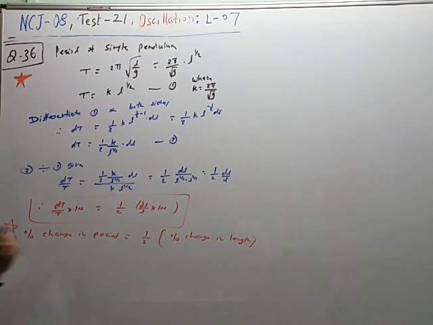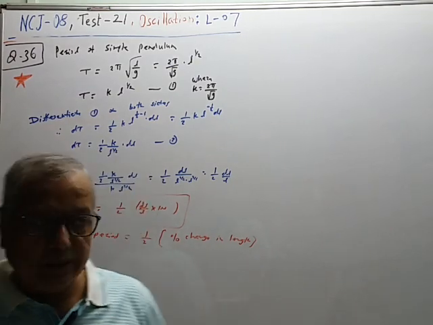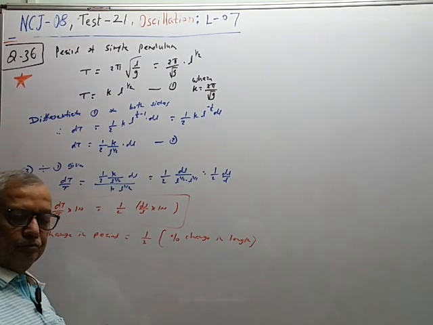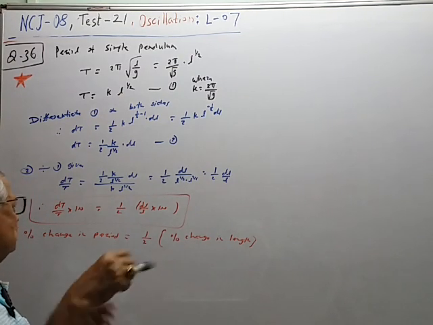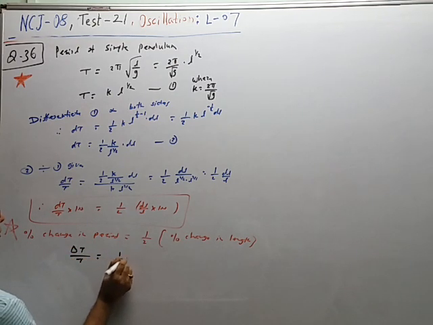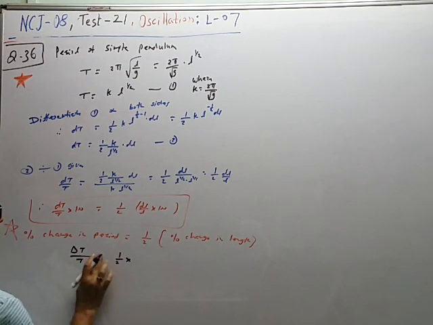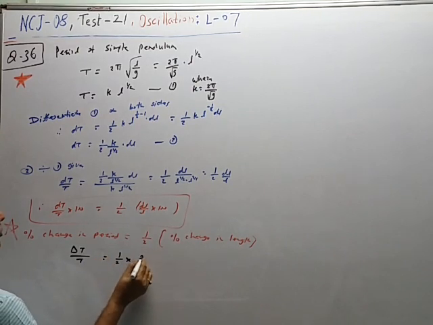So the percentage change in length is given as 2%. And that dT upon T is equal to 1 half percent, so 1 half of 2%, is equal to 2%.